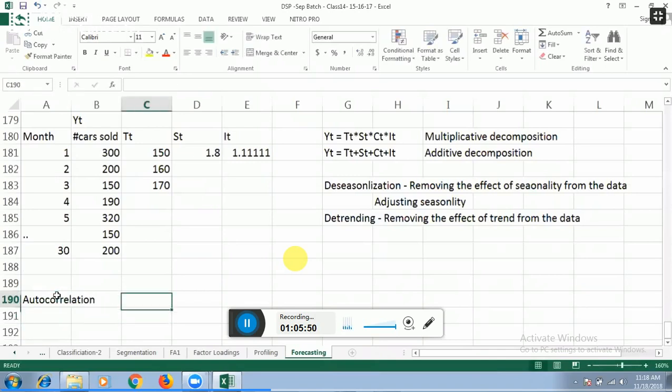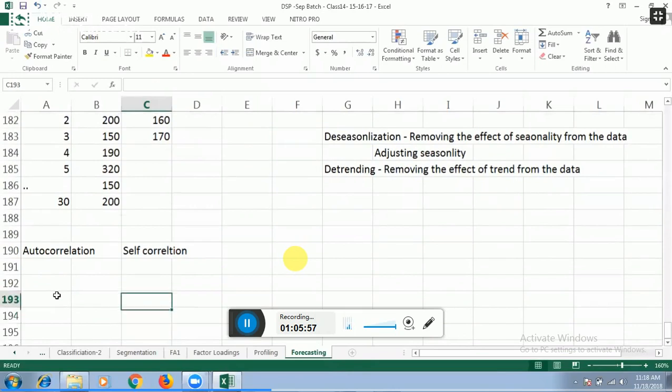Autocorrelation is nothing but self-correlation. What do you mean by self-correlation? Correlation is nothing but a linear relationship between two variables, right? But when you have autocorrelation, I'm saying that I have only one variable, but I can still talk about autocorrelation. So this is the place.